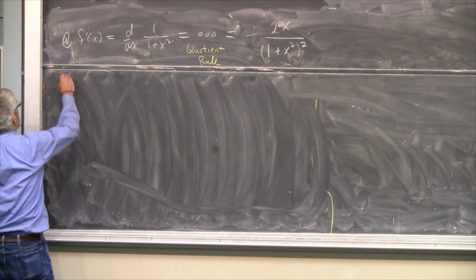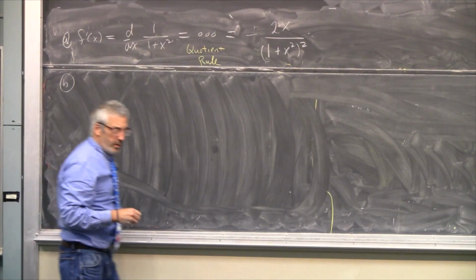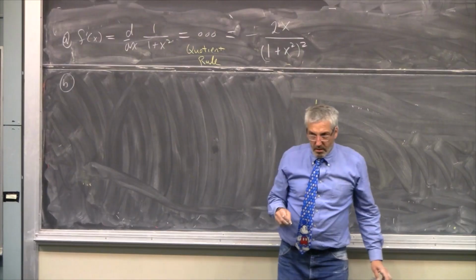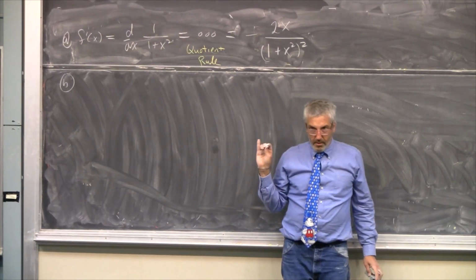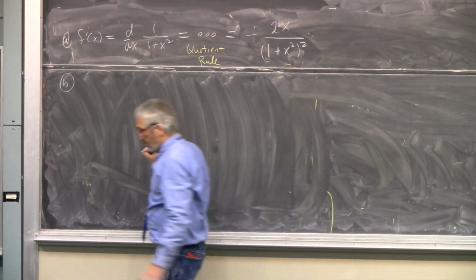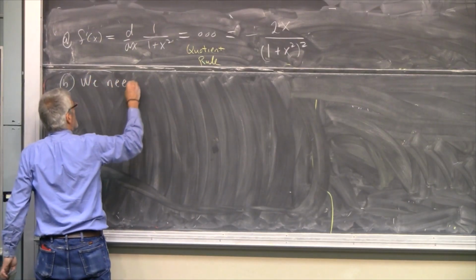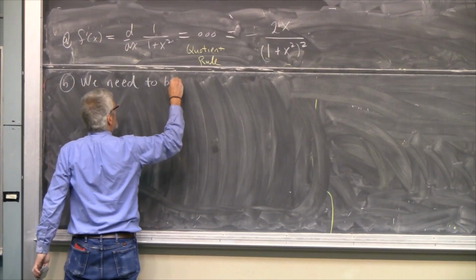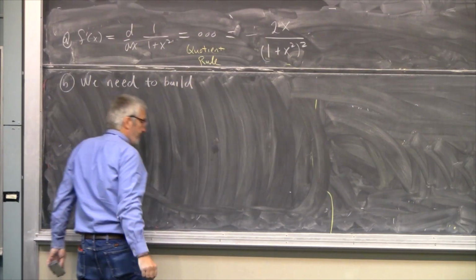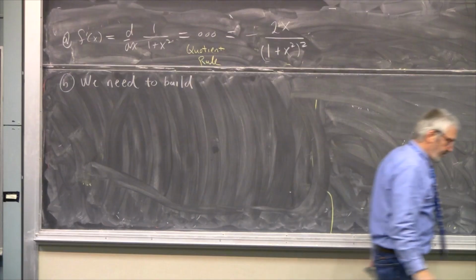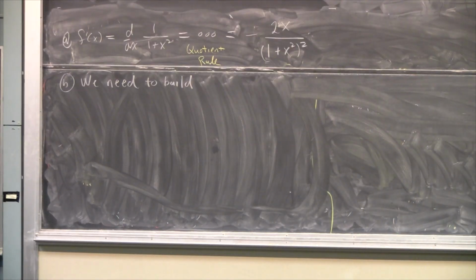All right, B. Who can tell me what we need to build here? So the question is, find the equation for the line tangent to the graph of f at x equals -1. So I always start this out the same way.